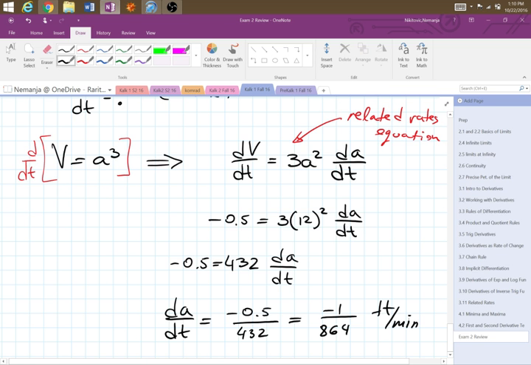So we see that the sides are decreasing at this rate.